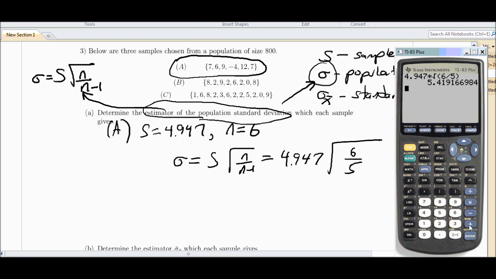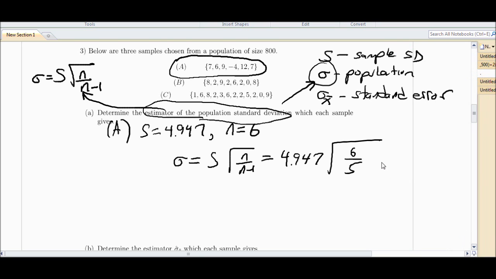Okay. So I get 5.419. 5.149. Okay, so that's how you would do it for set A. You just repeat it for set B and C. The numbers are big, the set size is bigger, but you still follow the same steps.